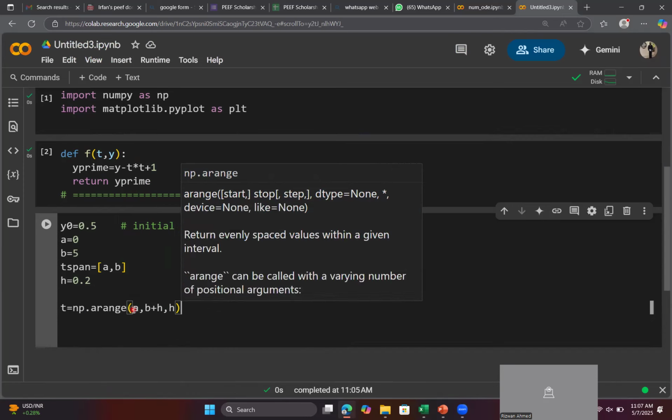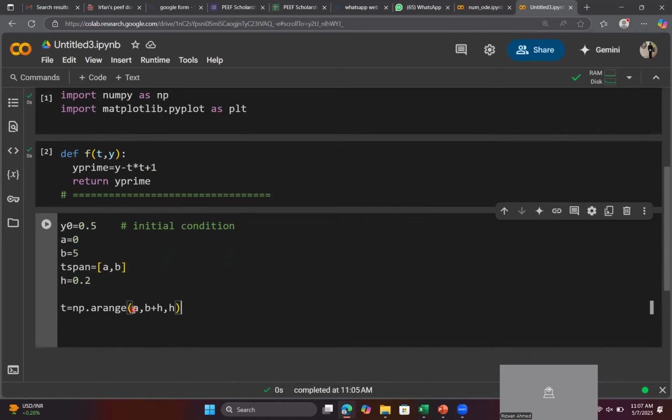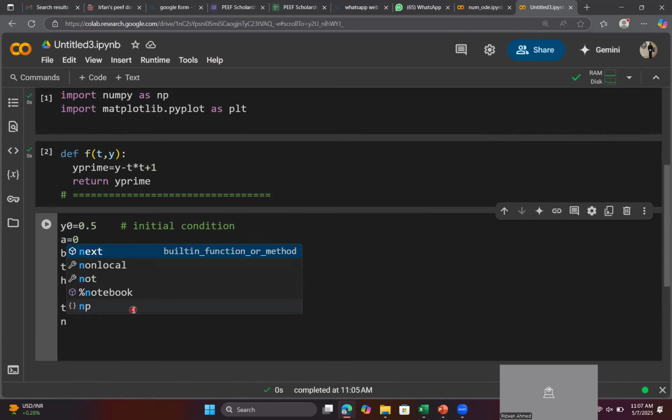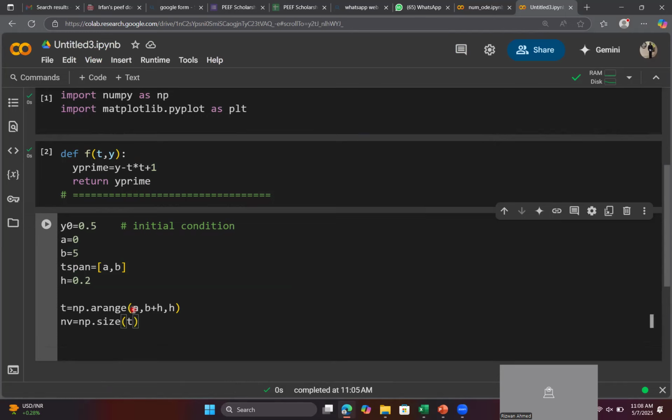So with this many time values, I calculate the number of calculations. n points is numpy size of t. For every time value, I have to generate the estimated value of y.